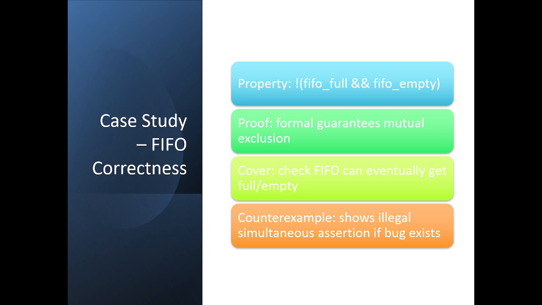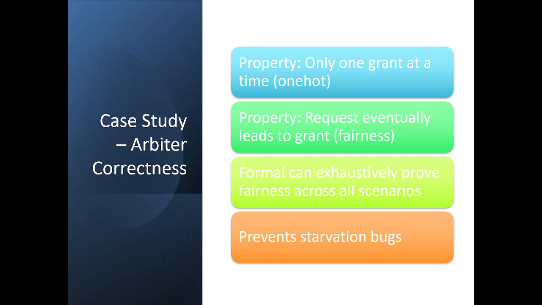In the case study of FIFO correctness, we can assert properties like no push when the FIFO is full, no pop when the FIFO is empty, and data order preserved, first in is first out. Formal ensures these rules are always respected no matter the input sequence.